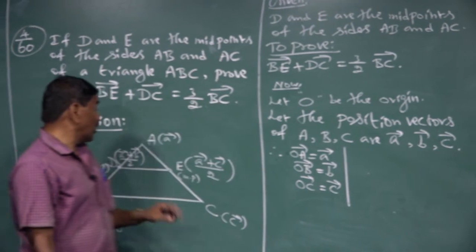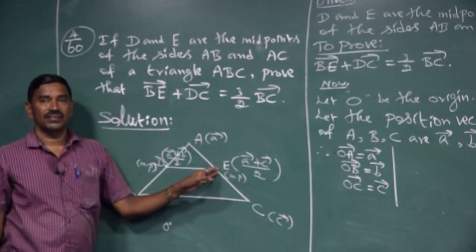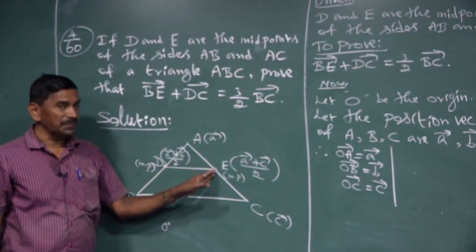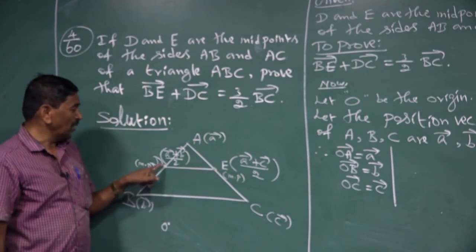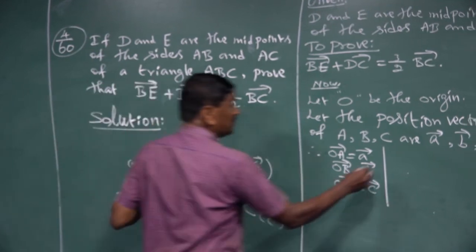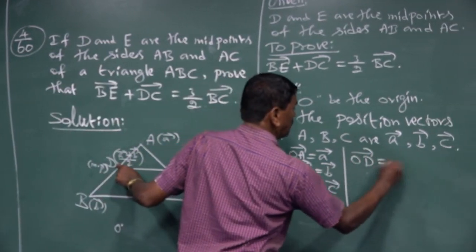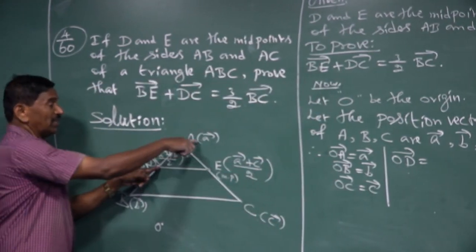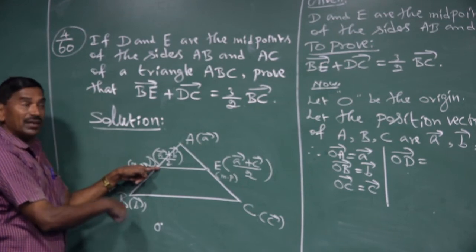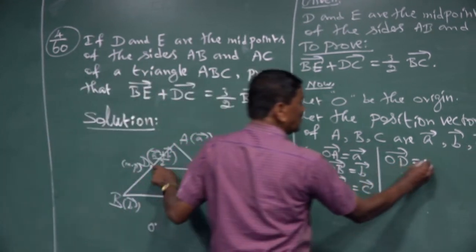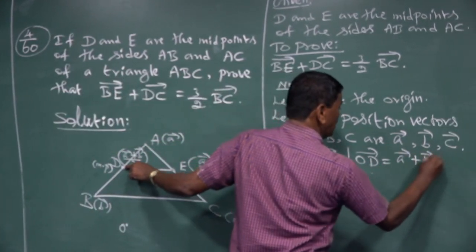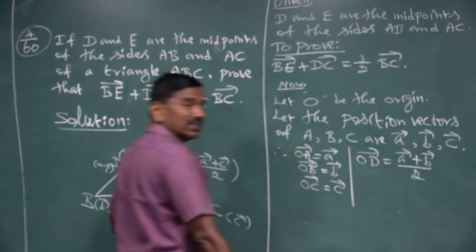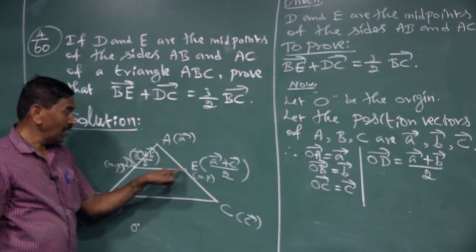Next, what can we say about D and E? They are the midpoints. We know the midpoint formula. OD vector is equal to a vector plus b vector by 2. Next, OE vector.